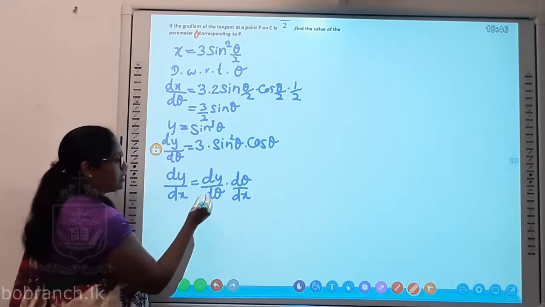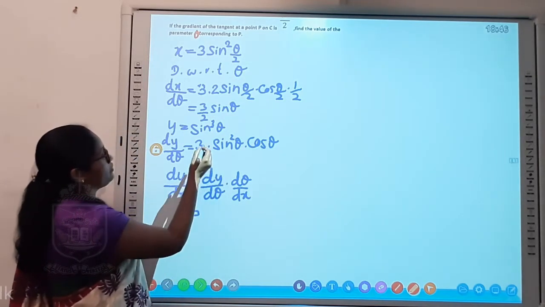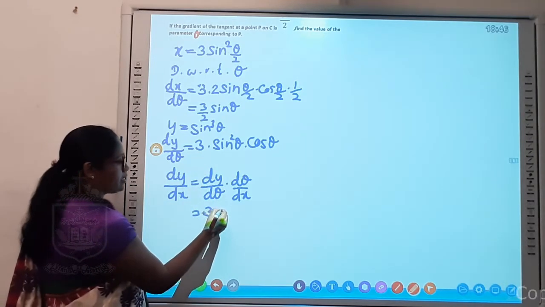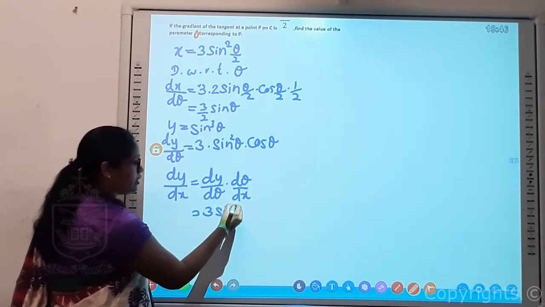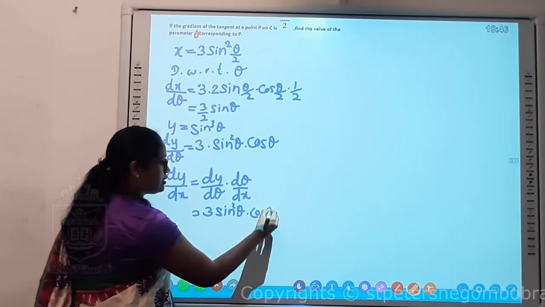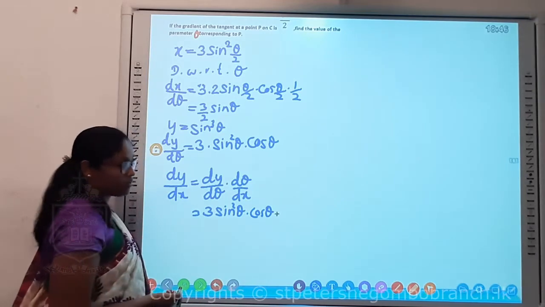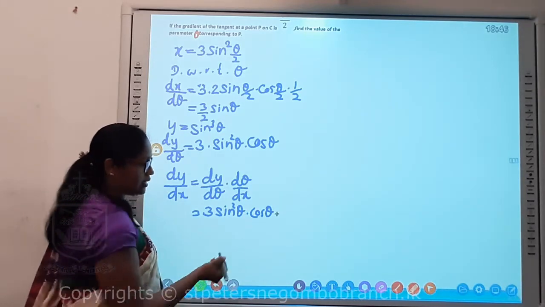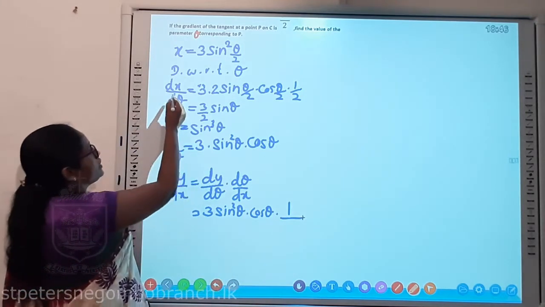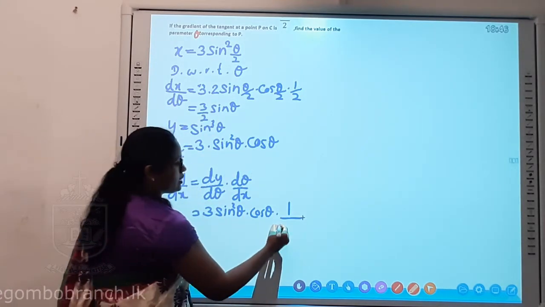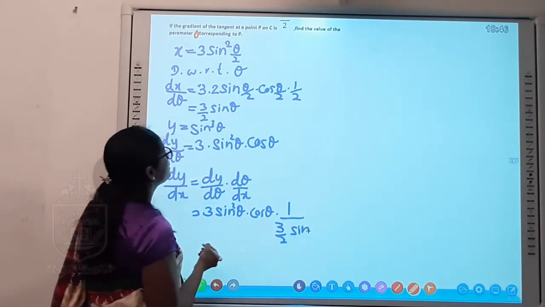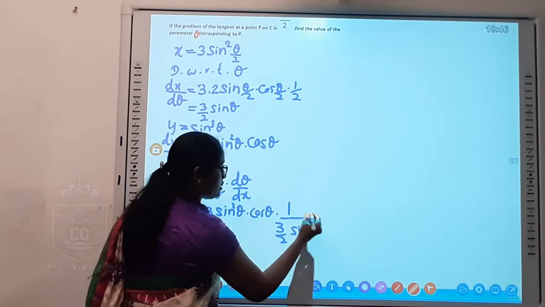It is equal to dy over d theta, which we already found, 3 sine squared theta times cos theta, and then d theta over dx we can write as 1 over dx over d theta. That is 1 over 3 over 2 sine theta.